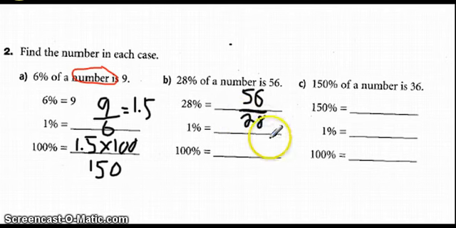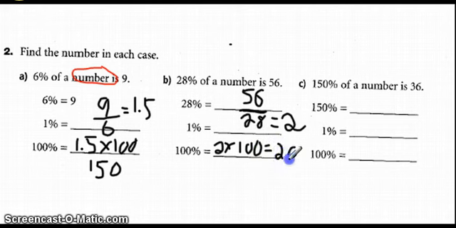Okay, so when we divide that, we actually get 2. 28 goes into 56 twice. Now we know that 1% of a number is 2, so we take that 2 and we multiply by 100, and you get 200.